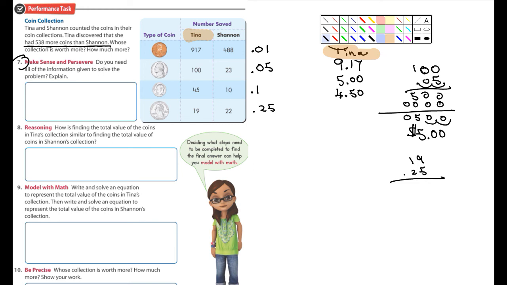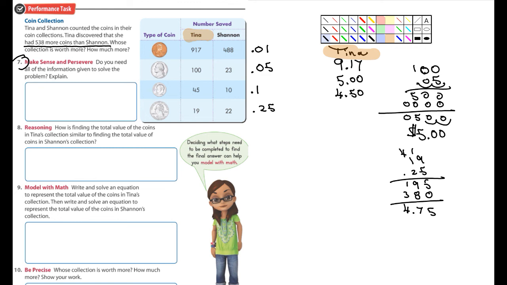5 times 9 is 45. Put down the 5, carry the 4. 5 times 1 is 5, plus 4 is 9. 2 times 9 is 18. Put down the 0 placeholder there. So put down the 8, carry the 1. 2 times 1 is 2, plus 1 is 3. So add these up, 5, and that's 17, carry the 1, 475.